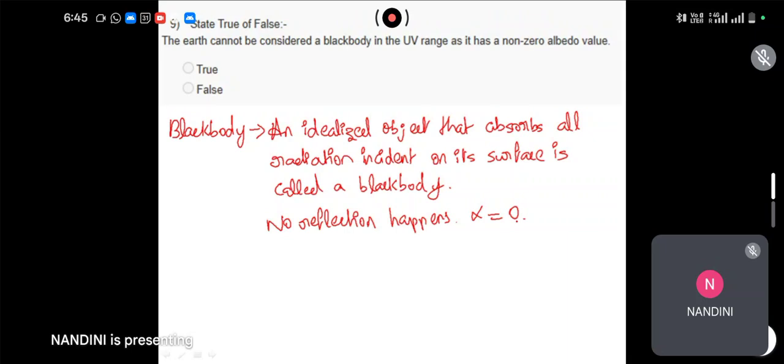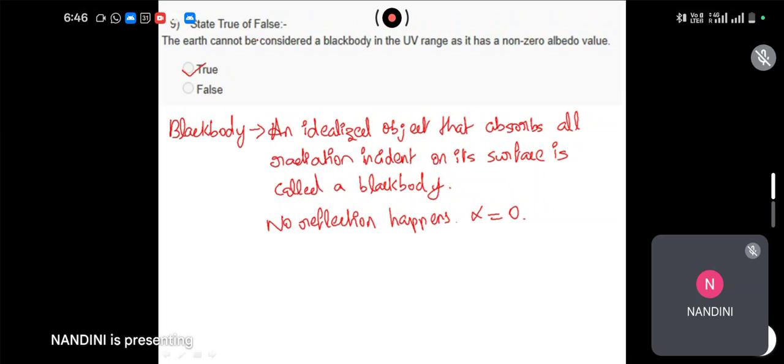And whatever emission is taking place from the surface of the body is a characteristic of its surface temperature alone. We generally don't consider the albedo when considering a black body. We consider that the albedo is zero. So since Earth reflects back the radiation in the UV range of the spectrum, this statement, which tells that the Earth cannot be considered a black body in the UV range as it has non-zero albedo value, is true.